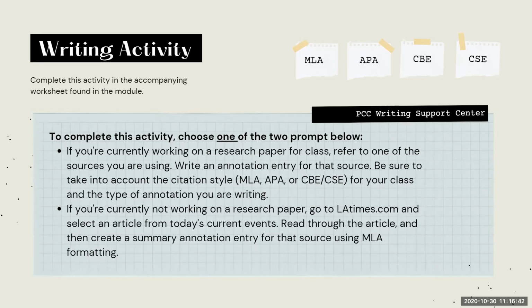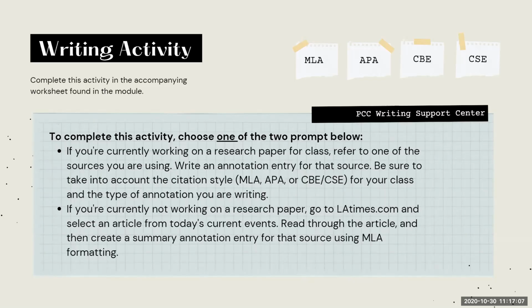So you're using one of the sources that you're already planning on using for your research paper, and now you're just getting started on that annotation. Think about the citation style because that's going to affect the structure of the annotation, and think about the type of annotation that you want to use when you're writing.